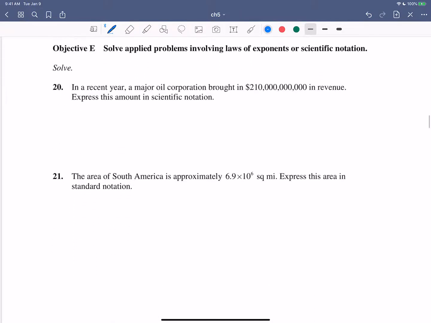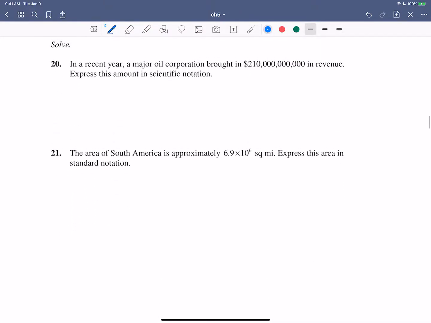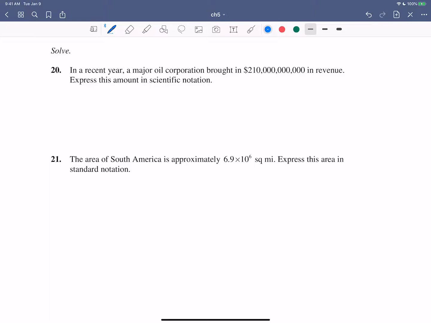Next page, number 21. The area of South America is approximately 6.9 times 10 to the 6th square meters. Express this area in standard notation. So this time, starting with 6.9, we simply follow the power of 10.